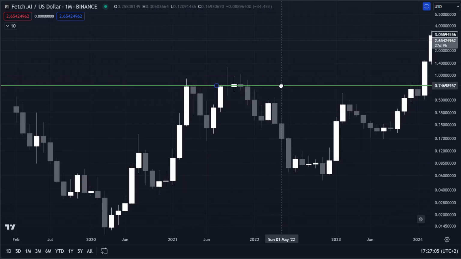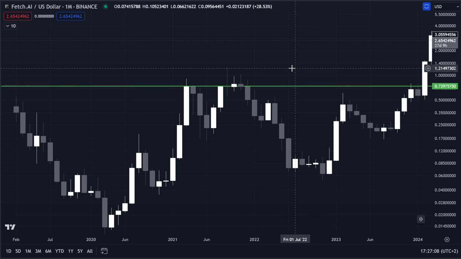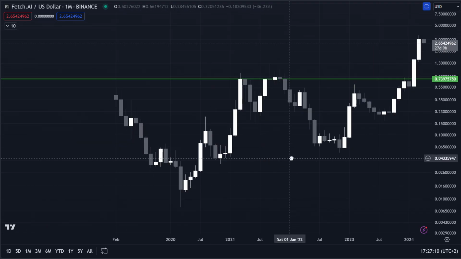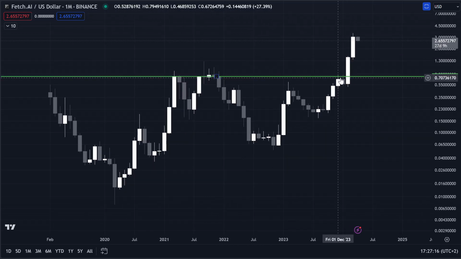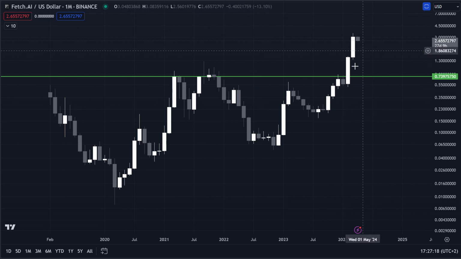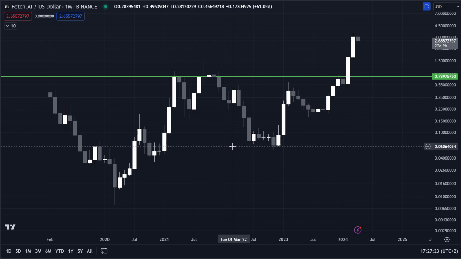I'm trying to connect the right bodies. Why? Because here we had a nice move up with resistance, resistance, and then again resistance, and then we break through.